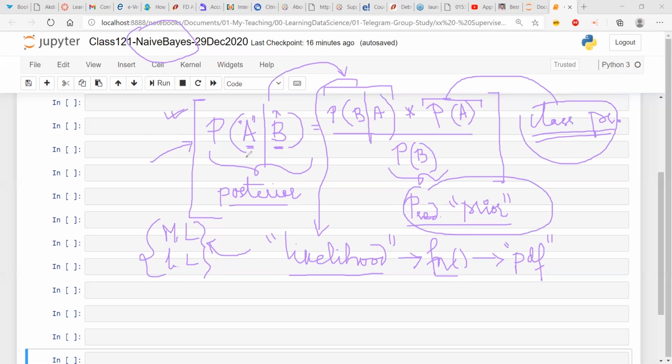Then we get the conditional probability of any event A, or the chances of an event A happening given B has already happened. This is the basis that we are going to take during the entire class, and we will try to understand what is really going on here. But to understand this really well, let's take an example.